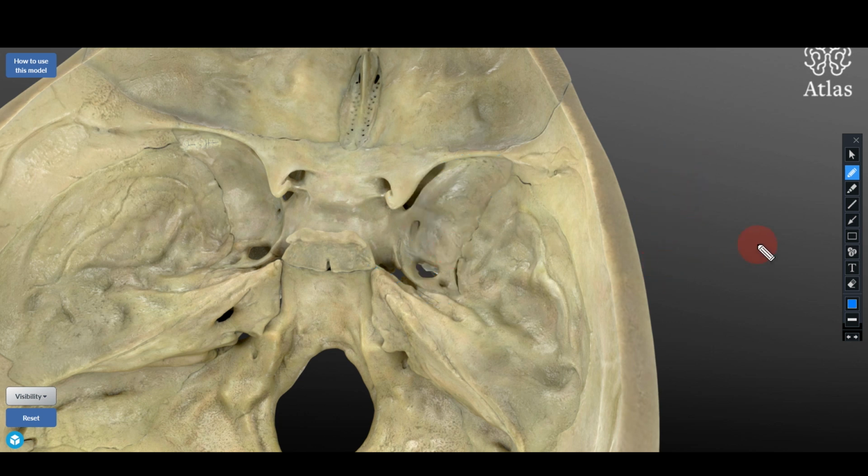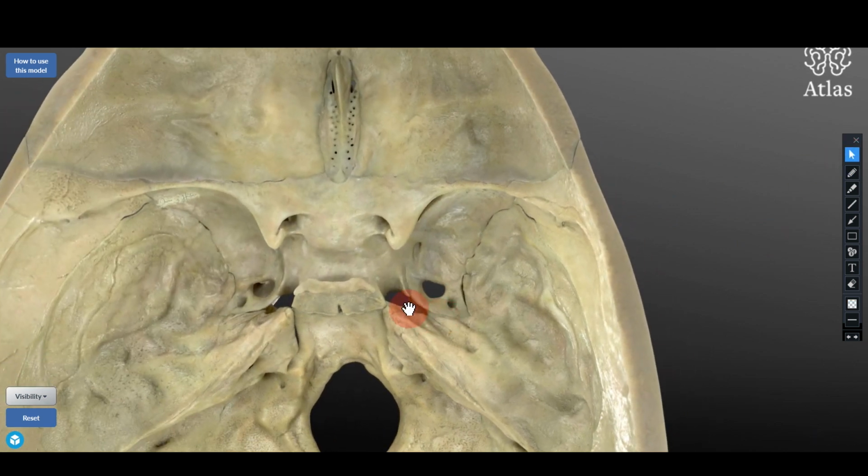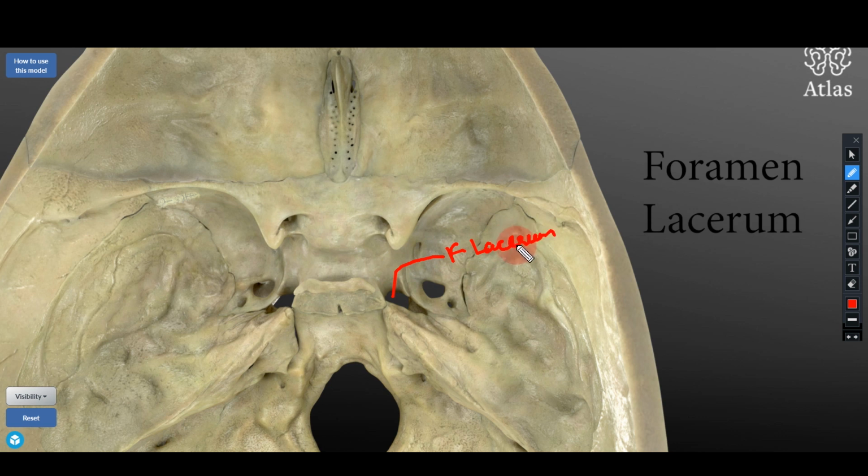Now, with that, we are going into larger and more posterior foramina. This foramen that you find here is a very, very interesting foramen. This foramen is called the lacerated foramen, also called the foramen lacerum. Now, there are slight differences of opinion when people ask about what passes through the foramen lacerum.